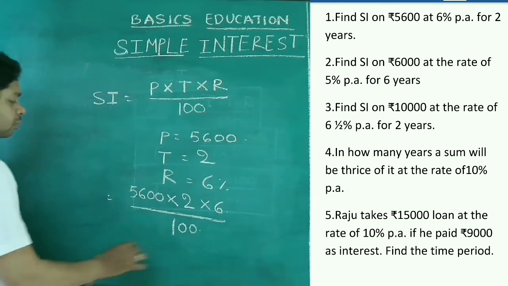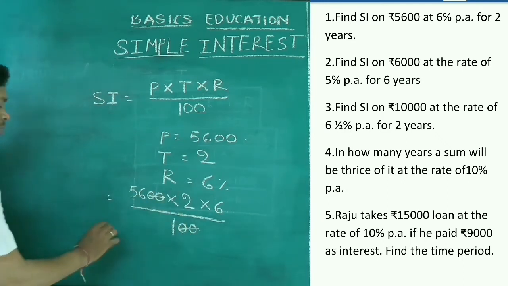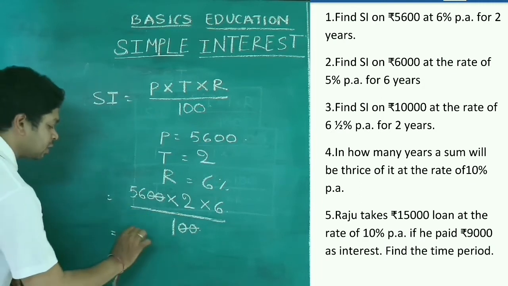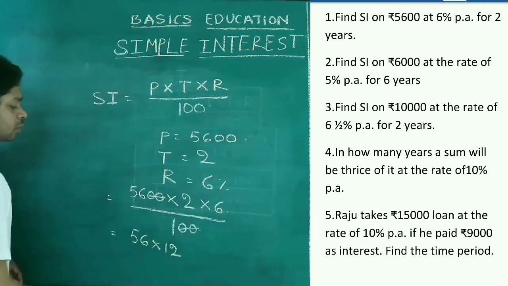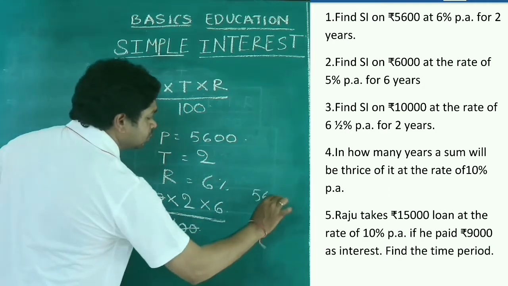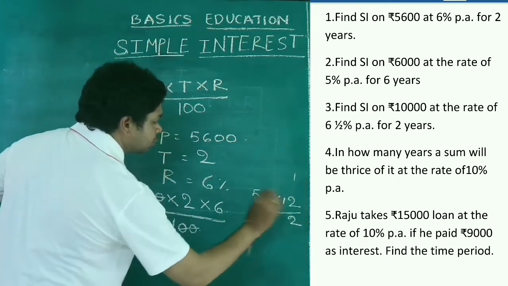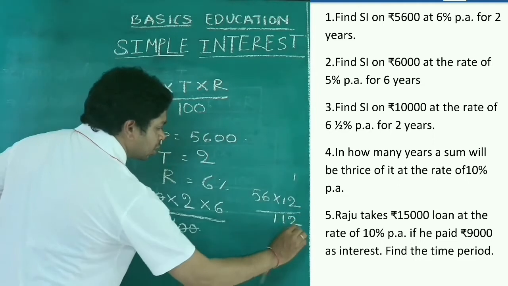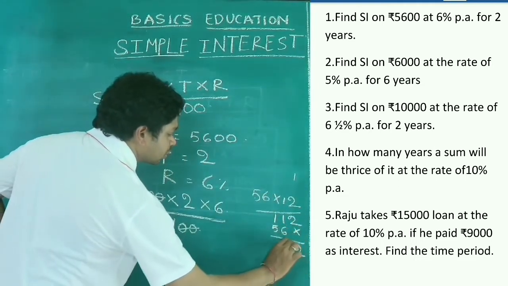Then by cancelling zeros, 56 into 12, 2 sixes are 12. So we have to calculate 56 into 12. 6 twos are 12, 5 twos are 10, that is 11, and 56, that equals 672.